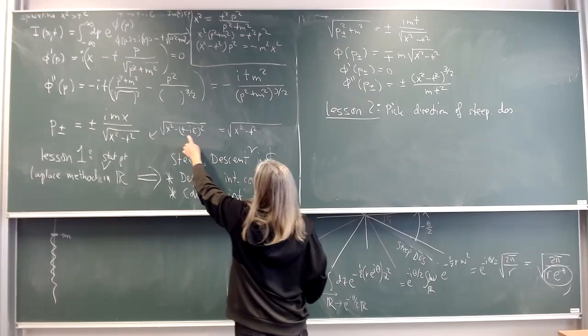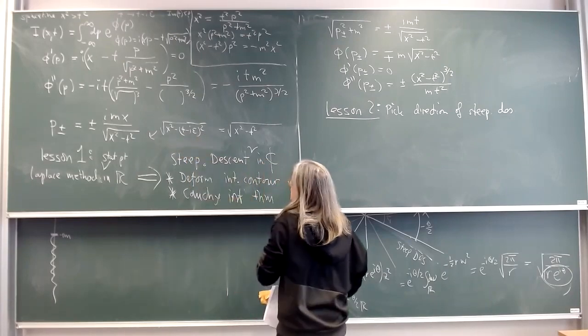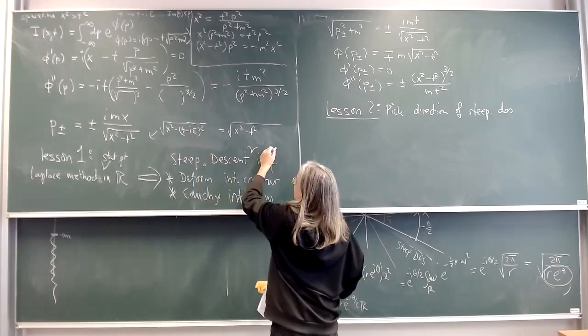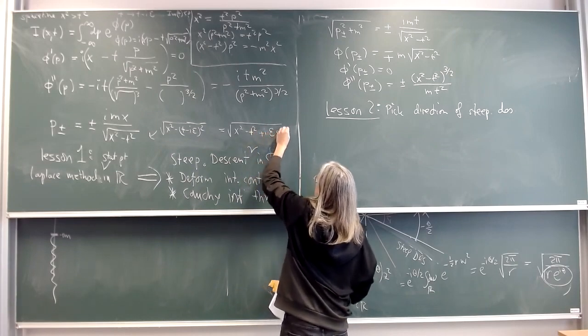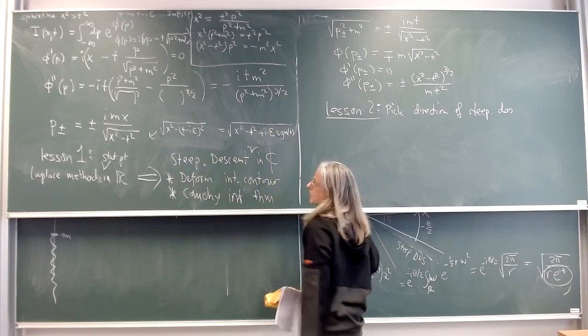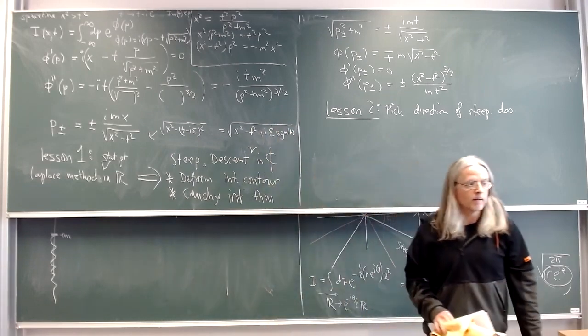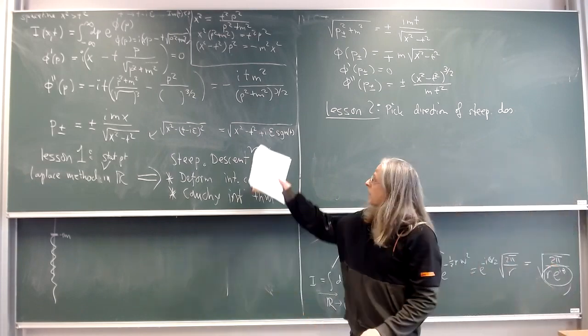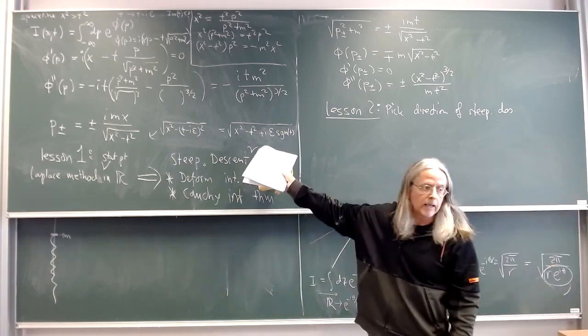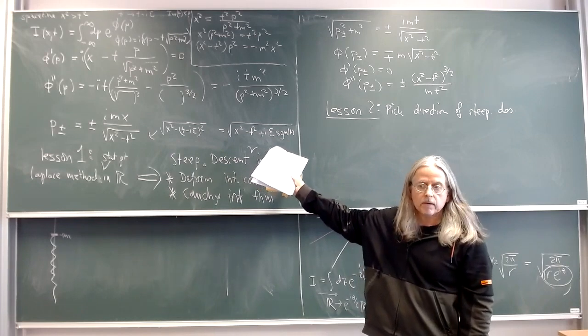Then I square this out, and I can neglect the epsilon squared. So I get plus i epsilon and then sine of t here. Does that make sense? Depending on the sign of t, I would have to put plus or minus i epsilon here.